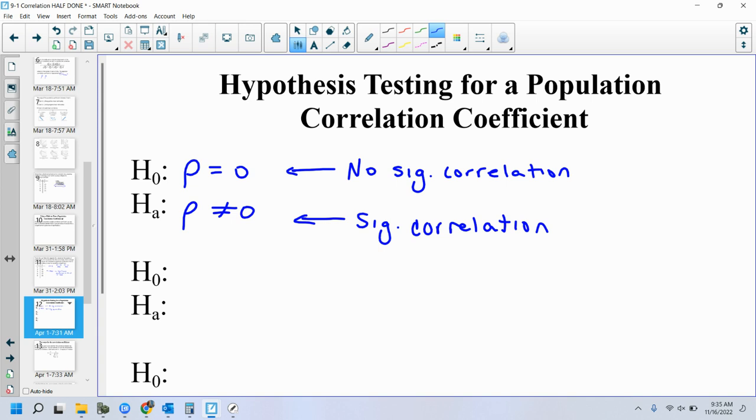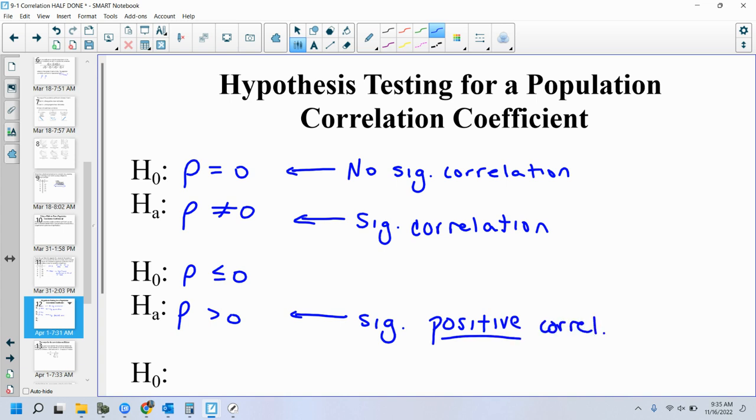Okay. So if rho is less than or equal to zero, that would mean our alternative hypothesis would be rho greater than zero. So remember, that would say that there is a significant positive correlation.